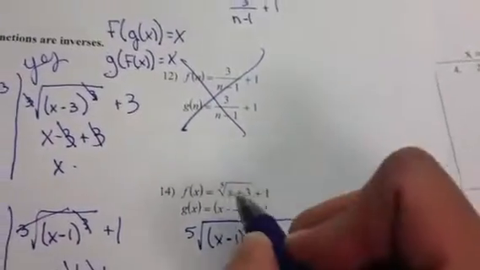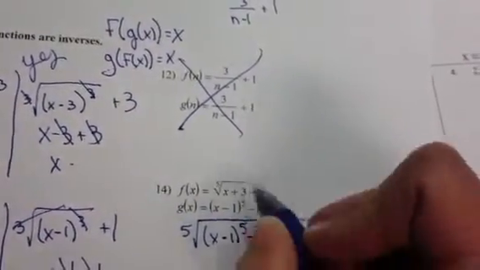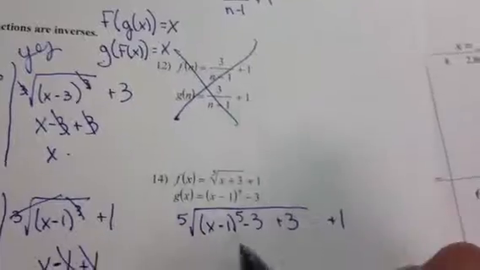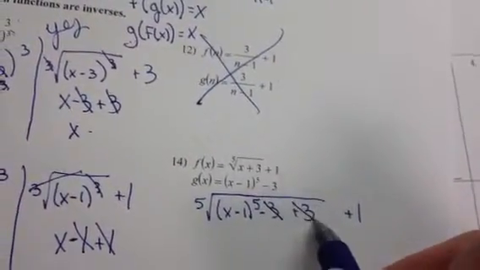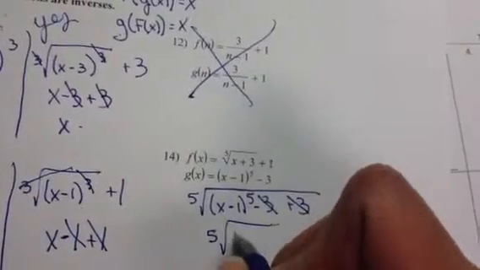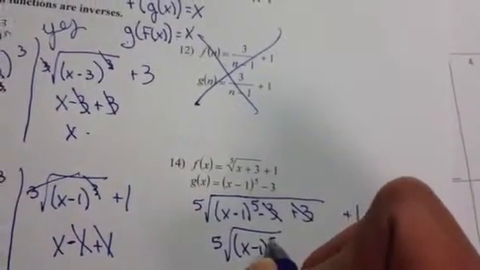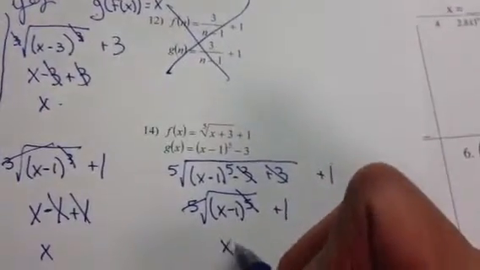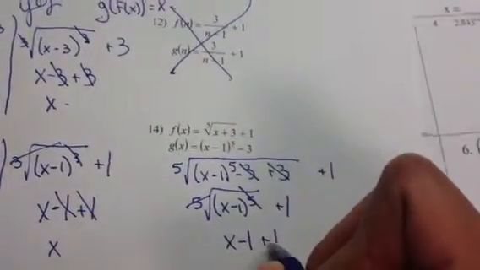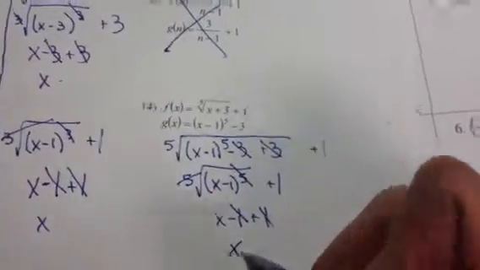That's where x was, and now I still have the plus 3, and then I have the plus 1 outside. So first I want to clean up in the radicals. So the first thing that's going to go away are the 3's. And now the fifth root and the fifth power cancel out. And now the 1's cancel out, so I just get to x.